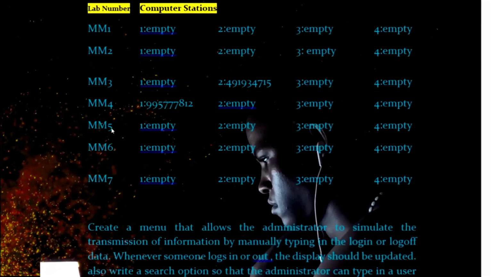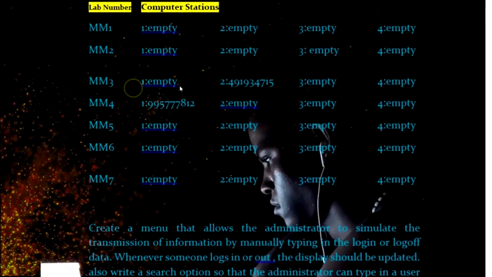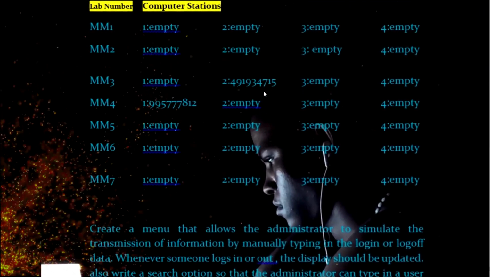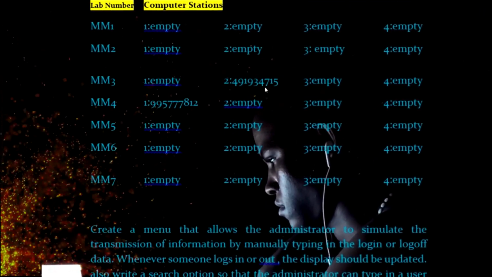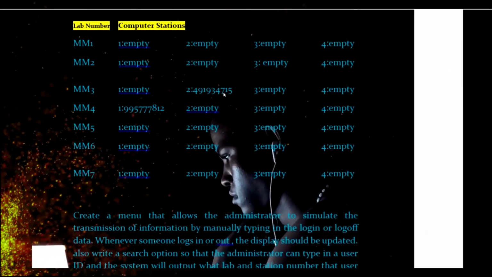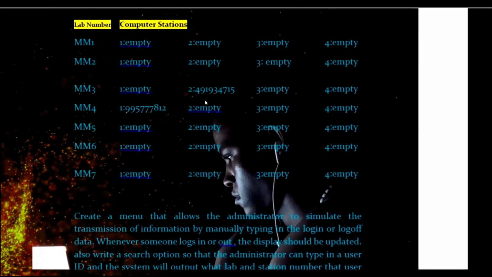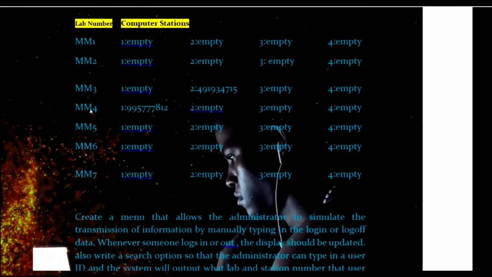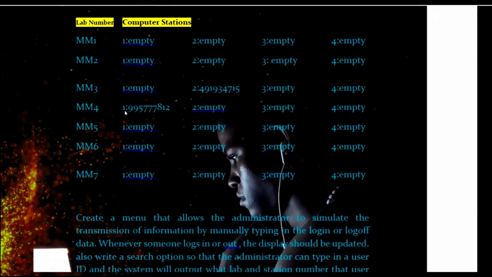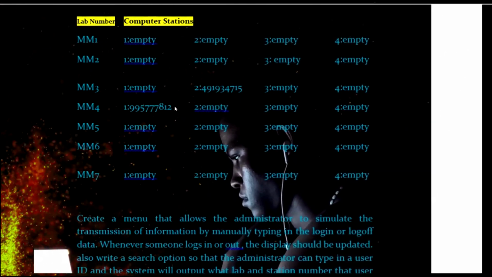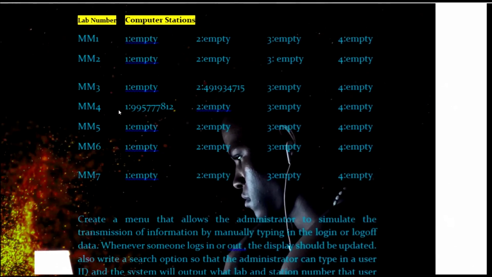The first user is in MM3 at station number 2. The ID is on station number 2 in MM3, and the second user is in lab number 4 and station number 1. There is the ID as you can see there.